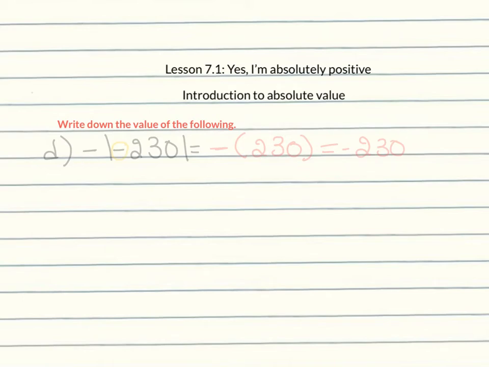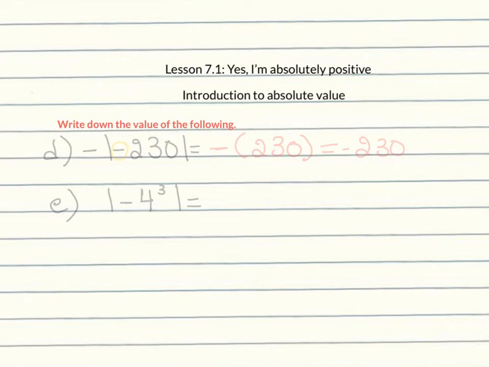Another example, find the value of absolute value of negative 4 to the power of 3. When you have an exponent inside the absolute value, first you have to solve the exponent, then take the value outside the absolute value.